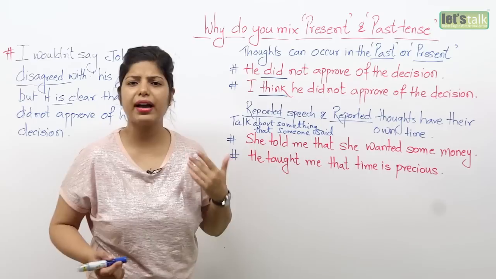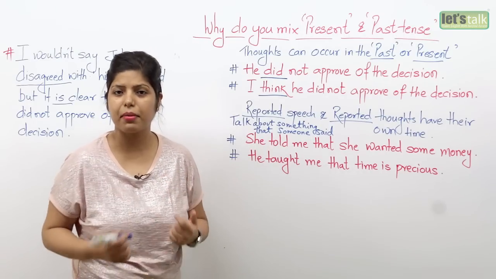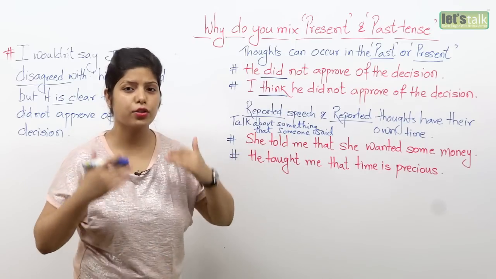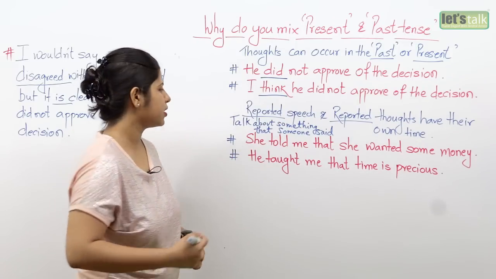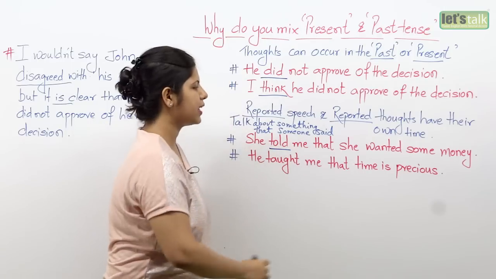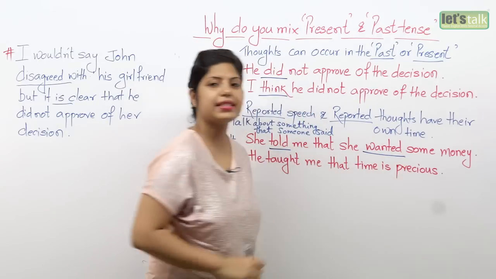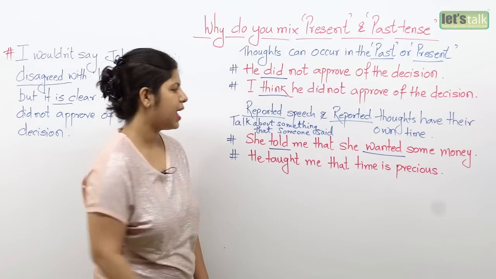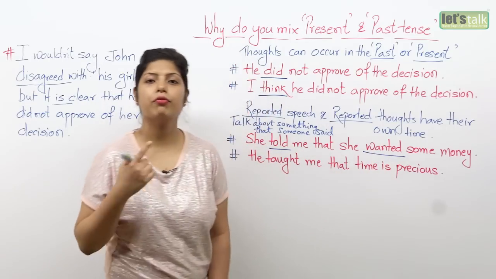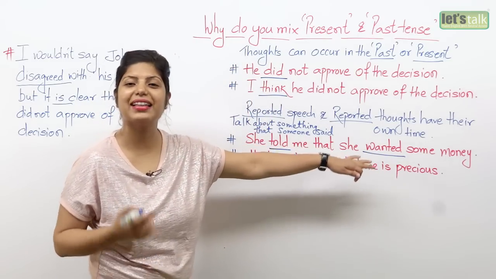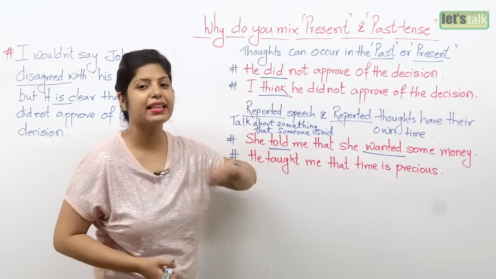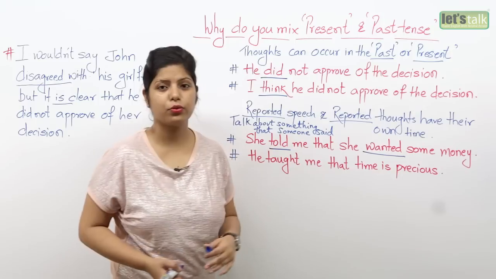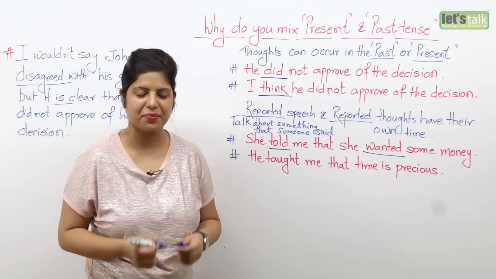So for example, if I have a friend and she is in need of some money and this happened in the past, alright, so I can talk about it now and I can say, she told me that she wanted some money. Told is the past tense of tell and wanted is the past tense of want. Both the verbs are in the past tense. Alright, the action happened in the past and the verbs that I use are also in the past tense.